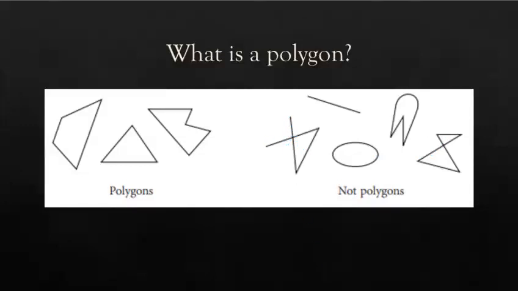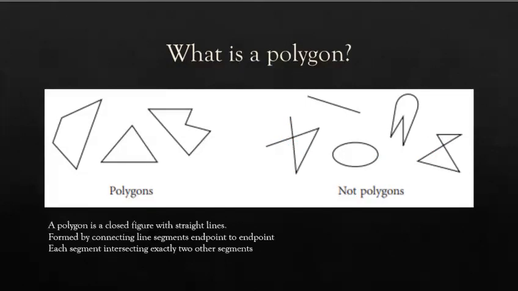Our definition of a polygon is going to be a closed figure with straight lines. They're formed by connecting line segments endpoint to endpoint, and each segment intersects exactly two other segments. And again, those are at the endpoint.